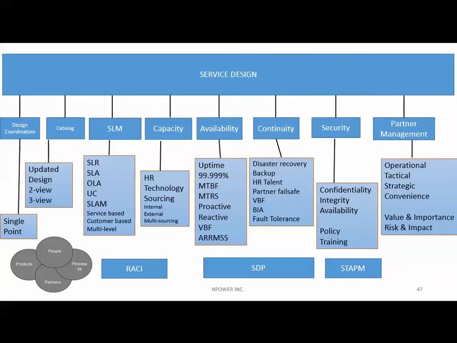I can kind of move that around so that I have some flexibility, and I have a way to say, okay, if that partner cannot deliver, then I can increase the productivity here, or if this one cannot deliver, I can expand the productivity here. And I don't want to have them in the same location, because what if something happens to that location, flood, hurricane or tornado. You have to be thinking about those things when you're thinking about continuity.